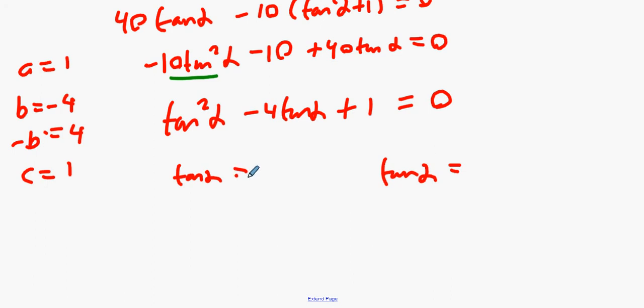Or surd form, whatever comes first. 2 plus root 3, and the other one's 2 minus root 3. Will you tan inverse both of them then, and get an angle for me? That's 75 degrees. Yeah, and the other one, 15 degrees.